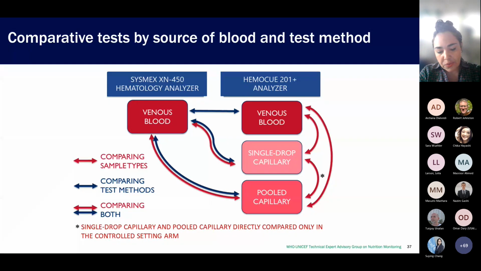But we also assessed the agreement using the HemoQ 201 plus analyzer with venous as the gold standard on the HemoQ 201 plus against either pooled or single drop capillary blood also measured on the HemoQ 201 plus. The reason for this is doing these comparisons allowed for the evaluation of differences attributable to the analyzer, to the type of device that was used to analyze the samples, and also attributable to blood source.